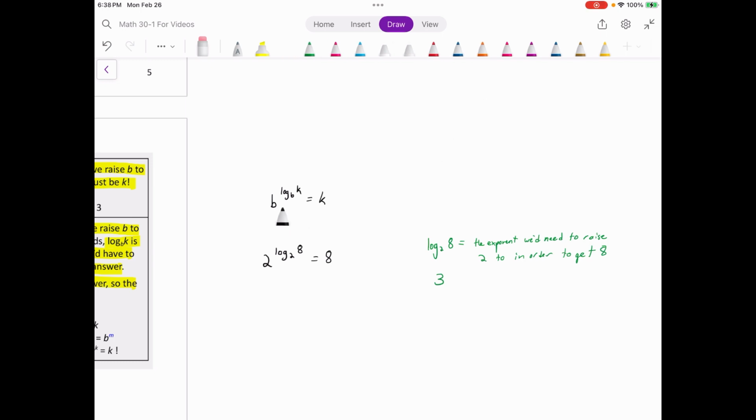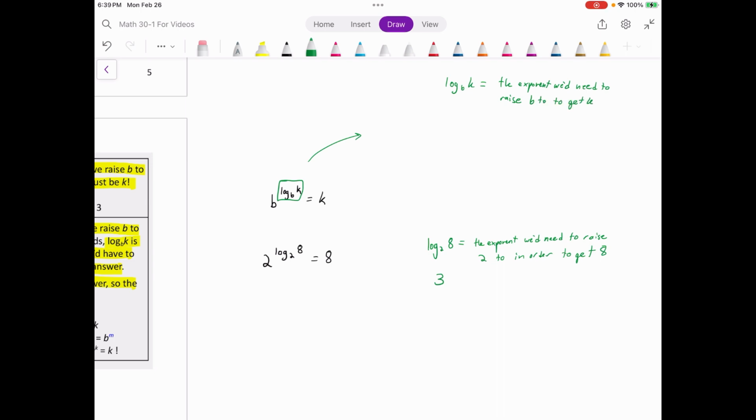Because what we're saying here, log base b of k, it's the same idea. It's the exponent we'd need to raise b to get k, right? Log base b of k is equal to, I guess I should have written this up here, the exponent we'd need to raise b to get k, right?